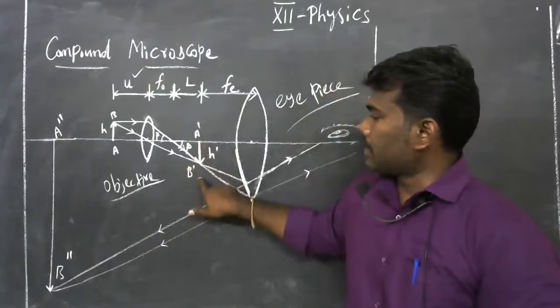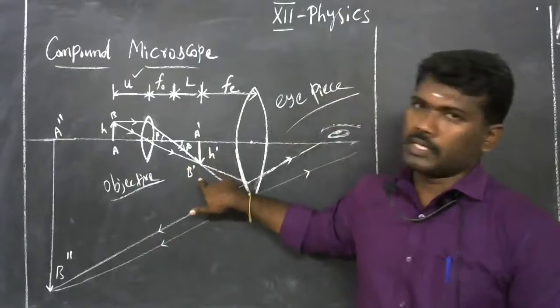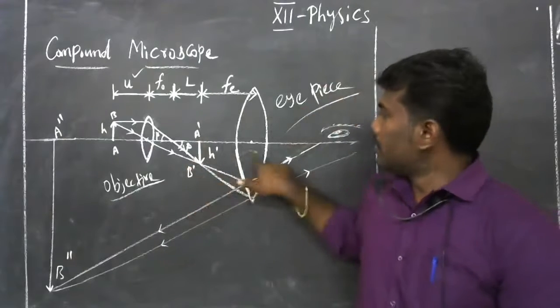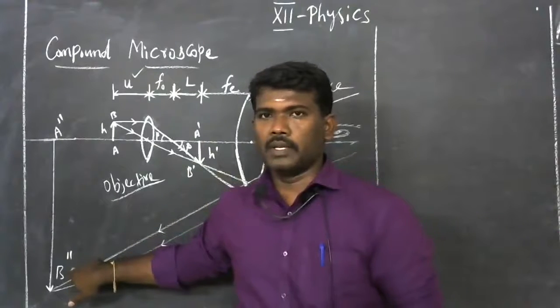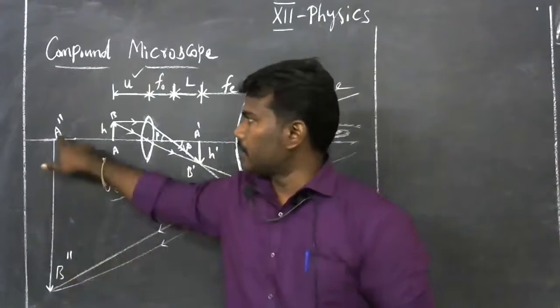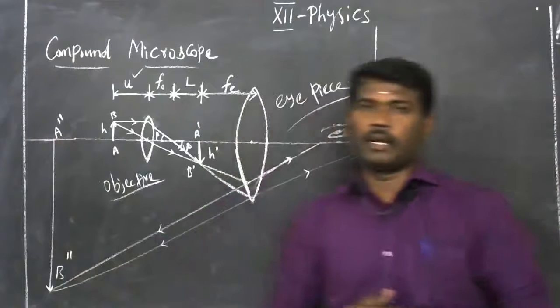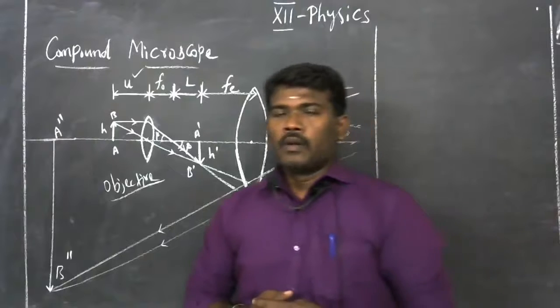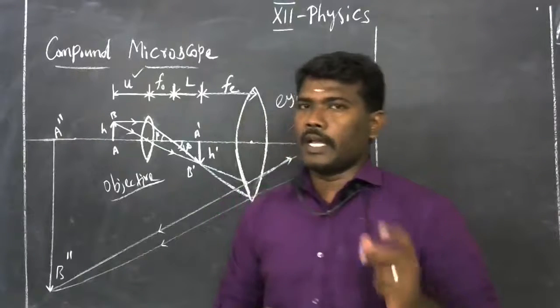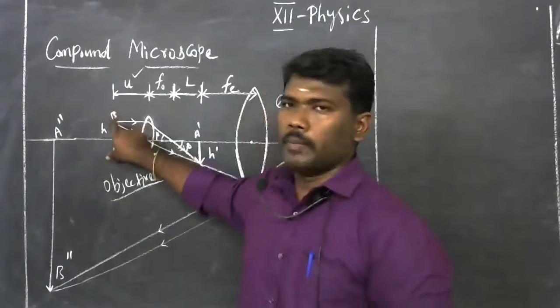Here A dash B dash is a real inverted image, and this eyepiece produces a virtual, erect image, A double dash B double dash. So finally, we get the inverted image of the object AB.